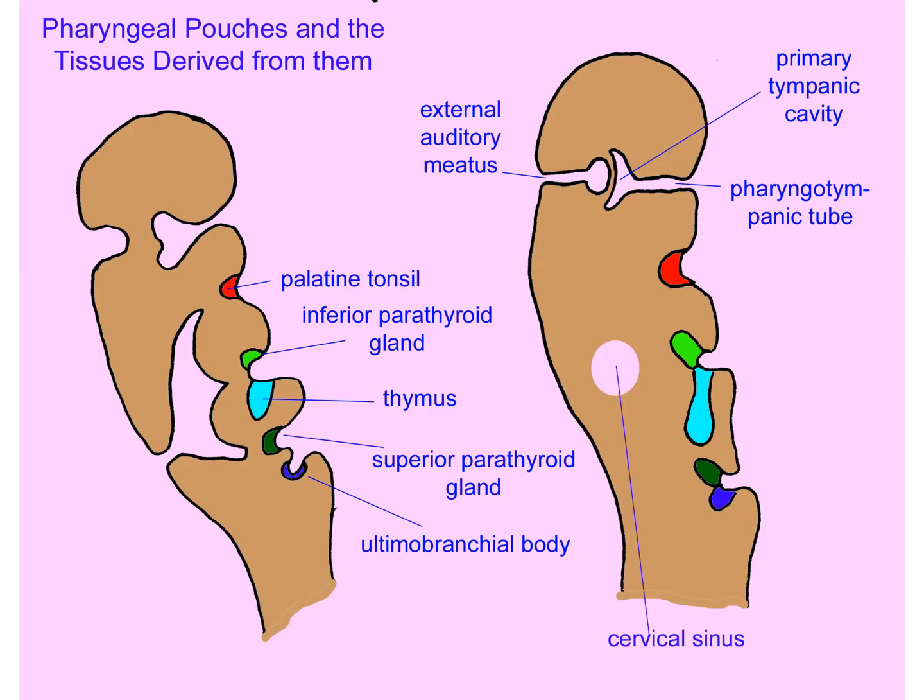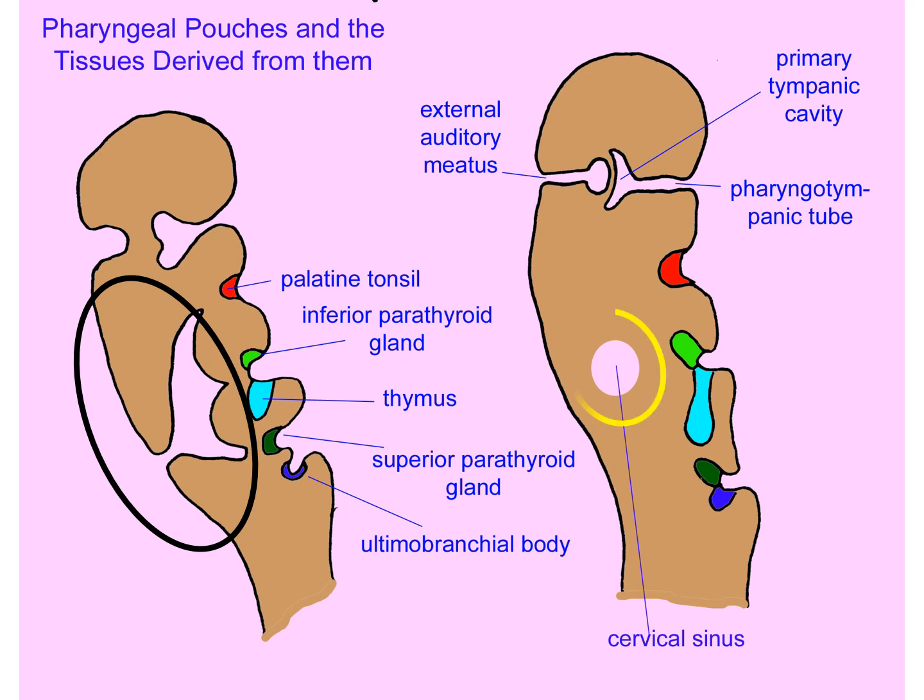There are two figures of coronal sections of the pharyngeal or branchial arches. Inside this circle, we can see that the ectoderm of the second pharyngeal arch grows down, obliterating the clefts below it, and there is a single opening.